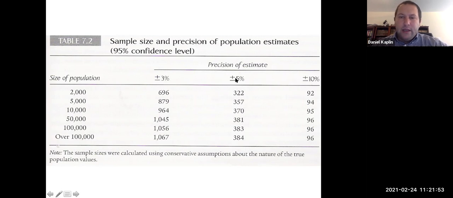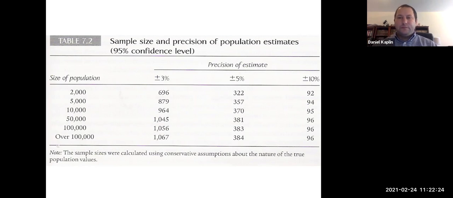If we go down the 5%, plus or minus 5%, as the population increased, the sample size needed to increase. And go down to 3%, same thing, it always increases, right? Now, going down tells you that as the population increases, keeping constant the precision of the estimate, the sample size has to increase.